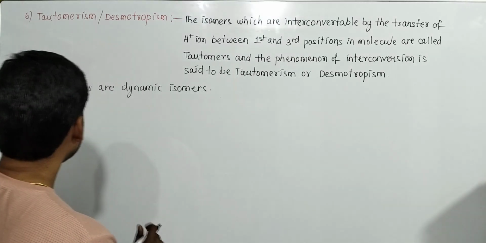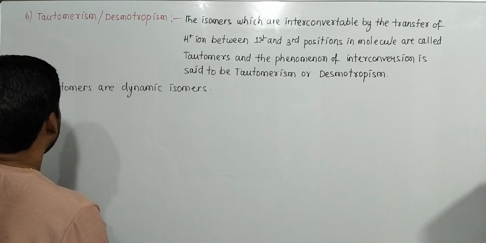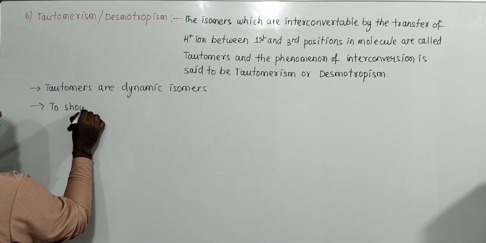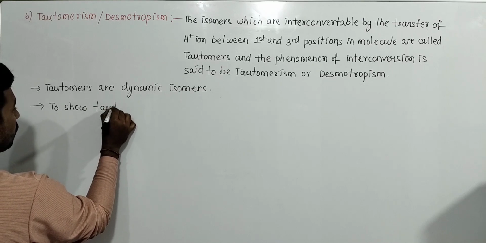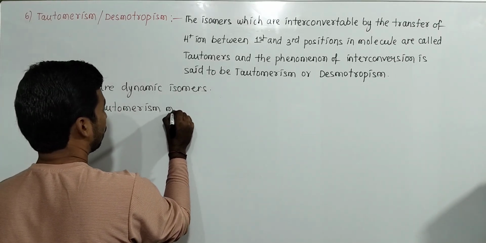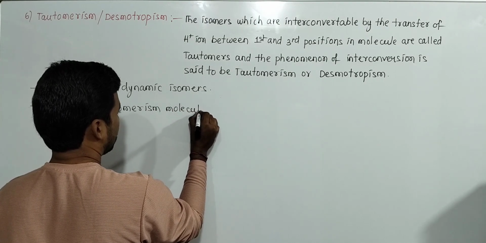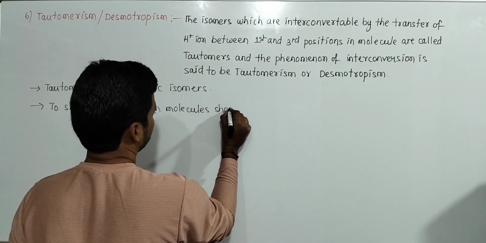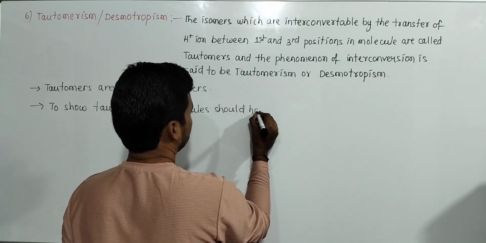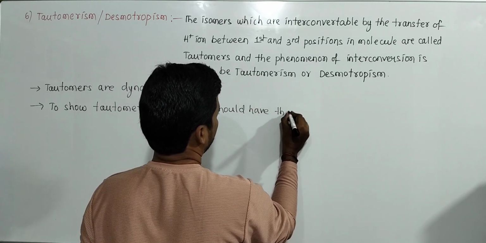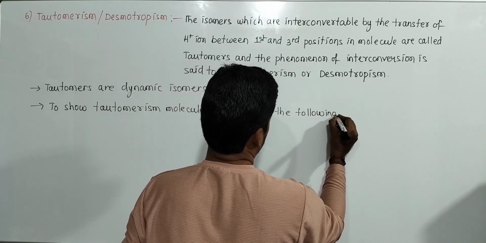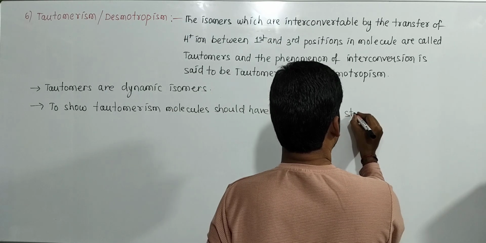Say examples or conditions, for example, to show tautomerism, molecules should have the following structural arrangement.